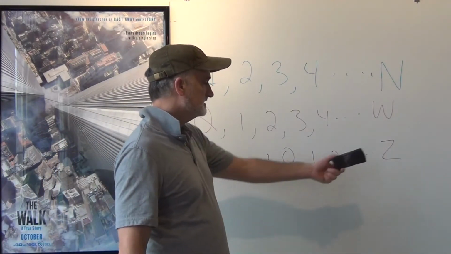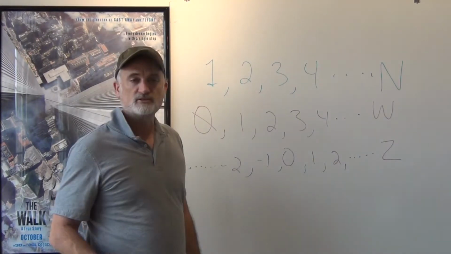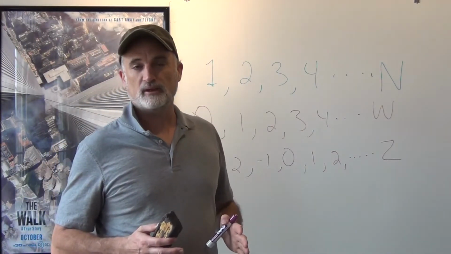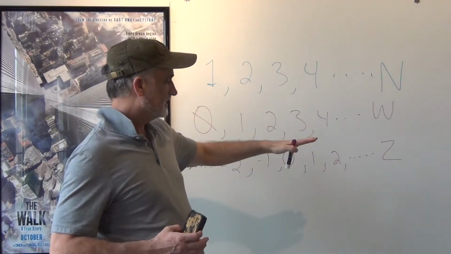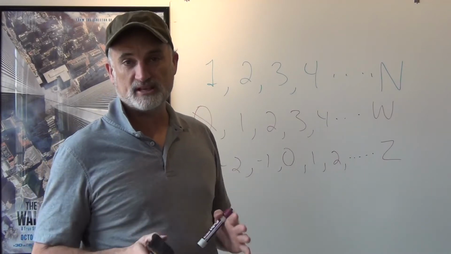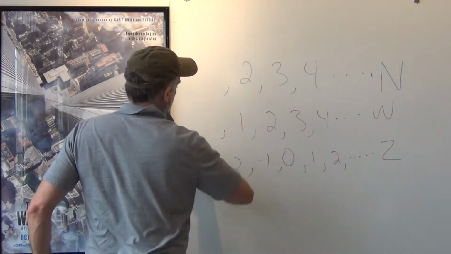So you would see Z. All right, so far we have looked at only whole numbers, okay? So natural, wholes, and Z do not have fractions or decimals, okay? So keep that in mind.